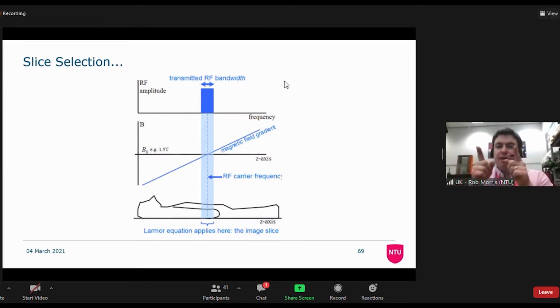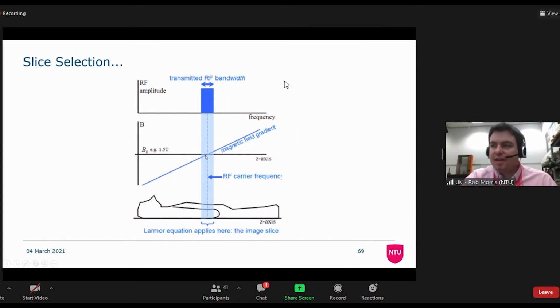If we have a very long, very wide pulse, we will excite a very narrow slice, because Fourier transforms make things shrink and expand as you transform them from frequency to space. So a long pulse gives us a narrow bandwidth and vice versa. We can then shift left and right along our gradient by just adding an offset to the center frequency.